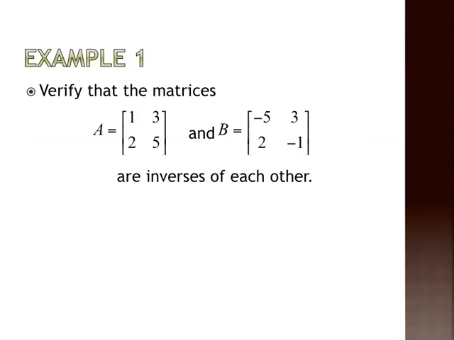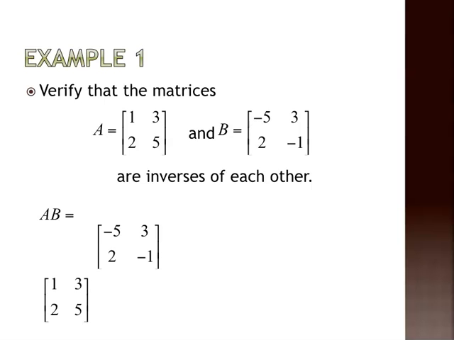It says verify that the matrices A and B are inverses of each other. So to do this, we're going to show that A times B and B times A will give you the identity matrix. So really this is just a matter of multiplication. Let's do A times B first. So I'm going to put A on the left, B up on top. I'm going to multiply.